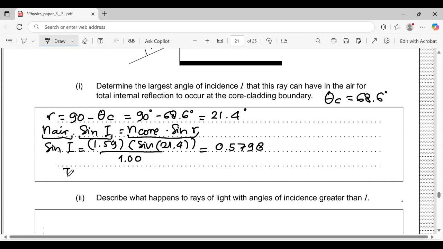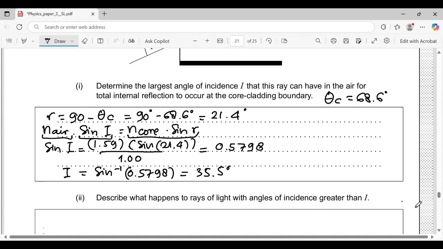So we can determine I equals sine to the power minus 1 of 0.5798, equal to 35.5 degrees. So 35.5 degrees is the largest angle of incidence.